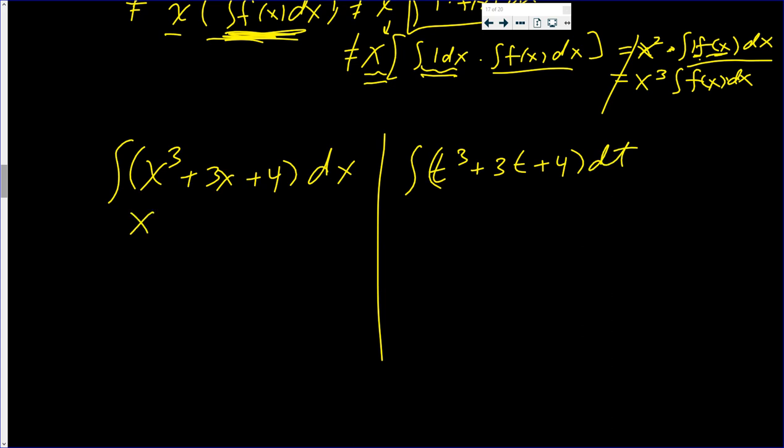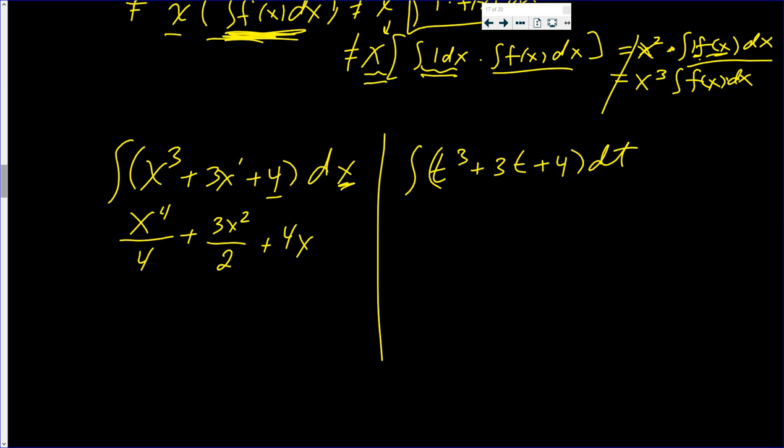You add 1 to the power, divide by that number. There's an understood 1 there. And the integral of a constant is that constant times the variable. The variable is x, so plus 4x plus a constant.